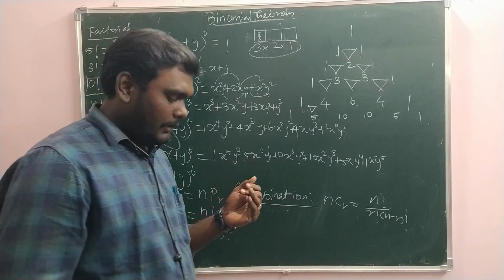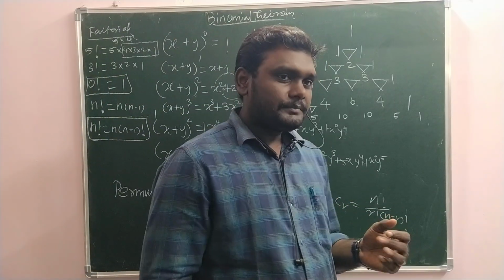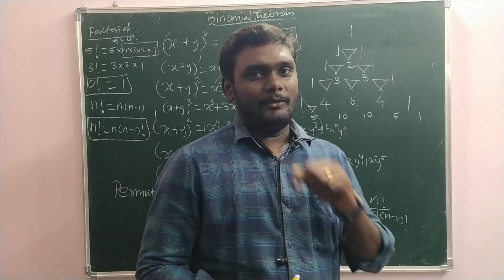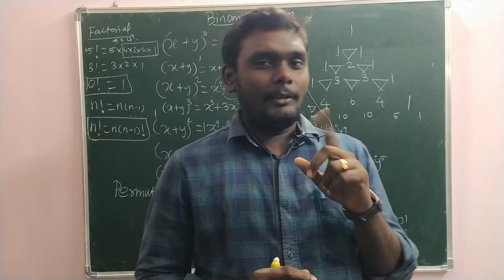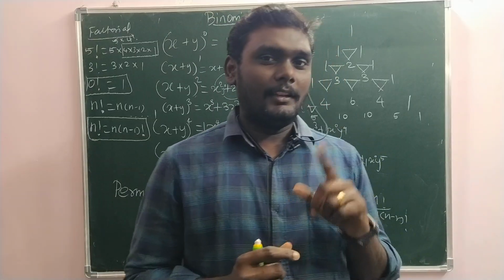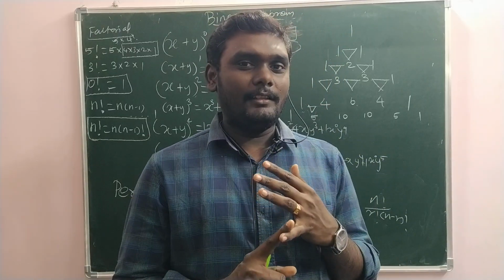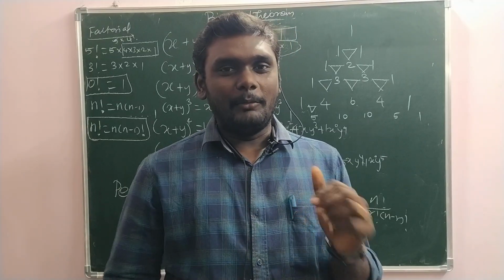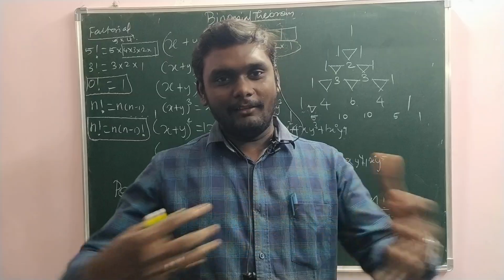Like simply, you saw that Onion movie, right? In that movie, there is one comedy scene where Vivek says "5 into 4 into 3 into 2 into 1 permutation", that one dialogue will come, right?